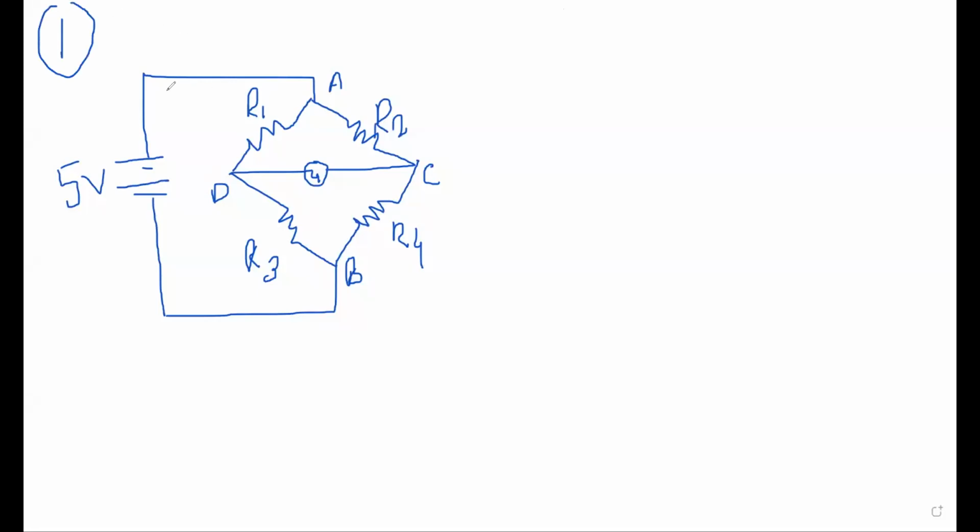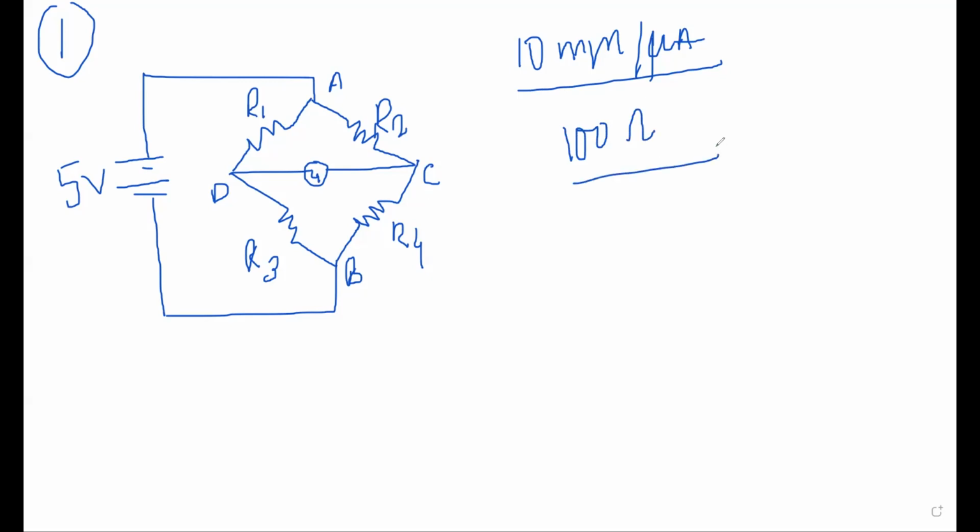The galvanometer has a current sensitivity of 10 mm per microampere, and an internal resistance of 100 ohm.